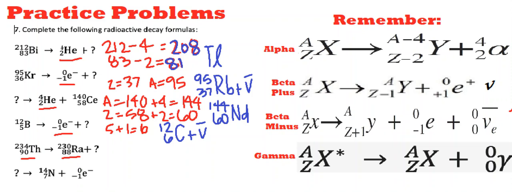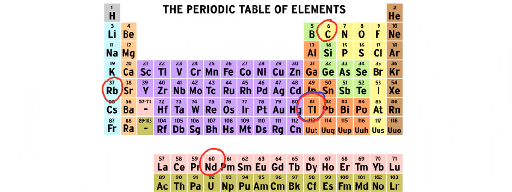To find what particle is being emitted, we do 234 minus 230, which equals 4 for A. Then we do 90 minus 88, which equals 2 for the proton number. Looking at the periodic table once more, we know that this matches up with the alpha particle, helium. So we know that this is an alpha decay problem.